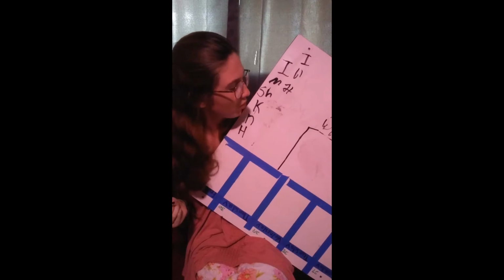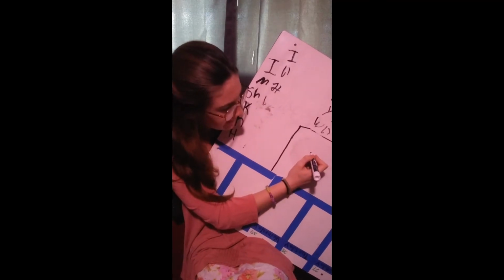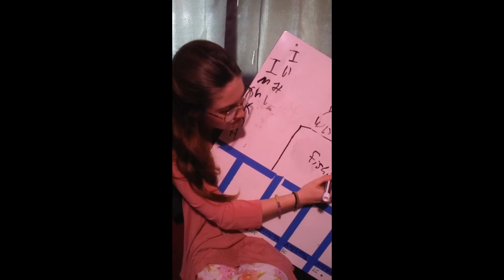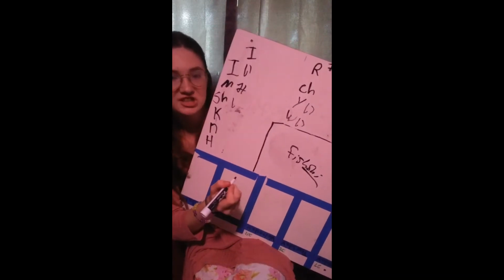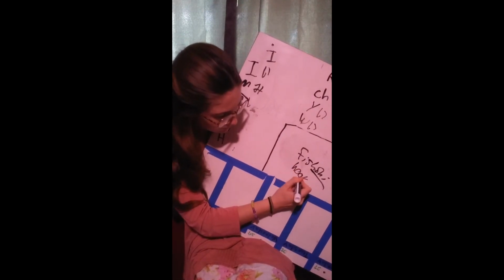Now we're going to go over she. Not she as in a girl, but she is S-H-I. And SHI is a hook. So it's like a fish, she, hook.